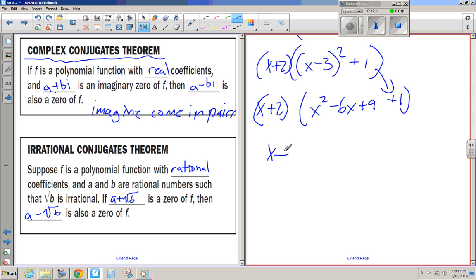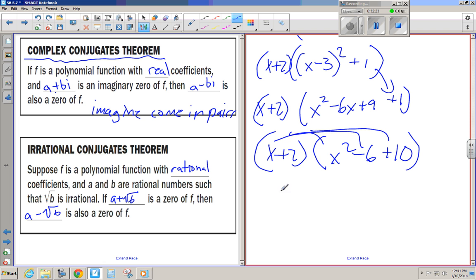So it's x plus 2, x squared minus 6x plus 10. That's why this was not factorable. Now we distribute: x cubed minus 6x squared plus 10x.